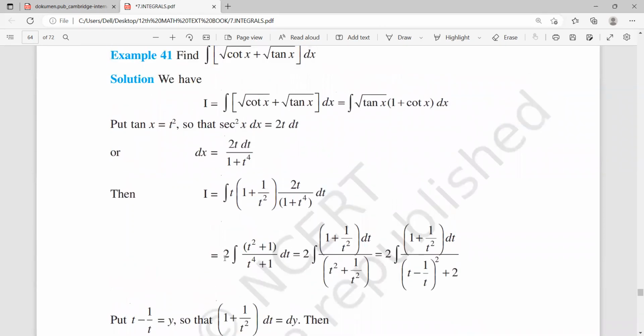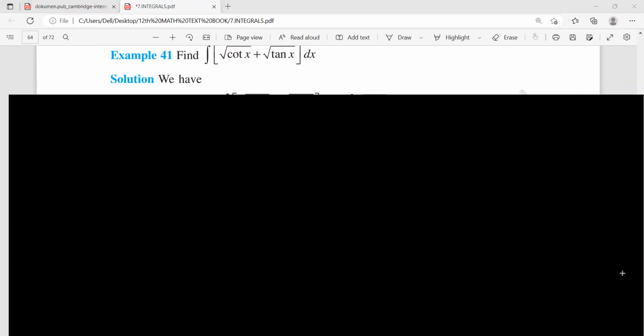It's a completely different model. The solution is there, but we'll discuss it in a simple way.